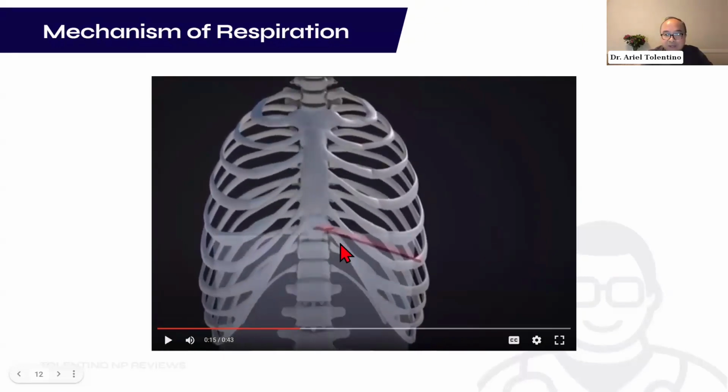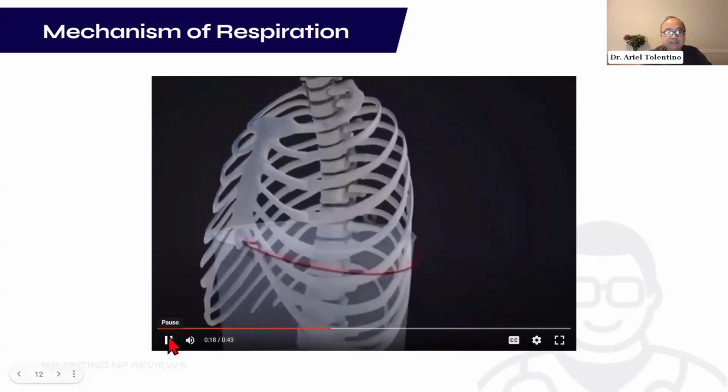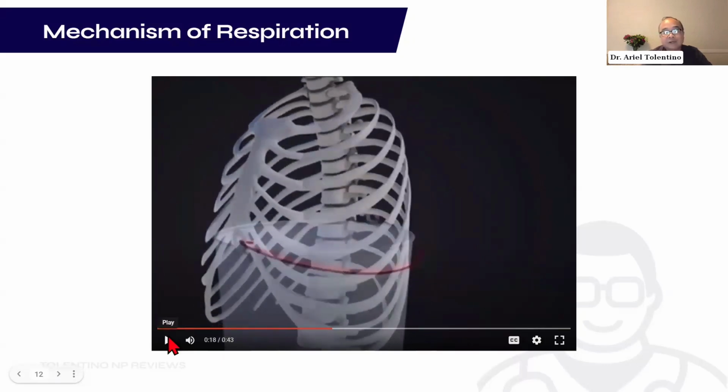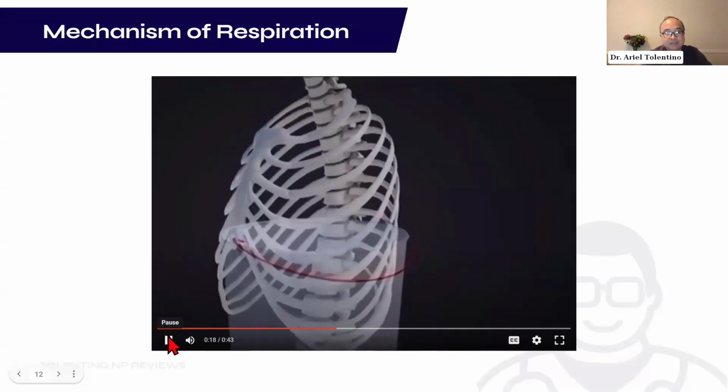In the movement of the rib cage, you see this bucket handle movement. So this is likened to the bucket handle, increasing circumferential diameter as the patient inhales, and of course, it decreases as the patient exhales.